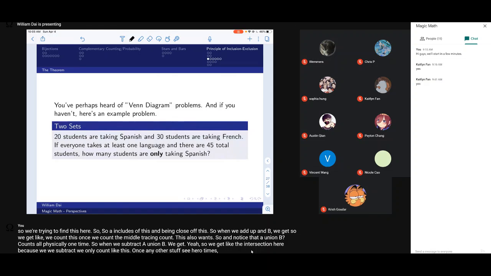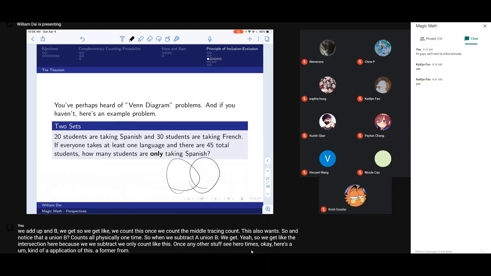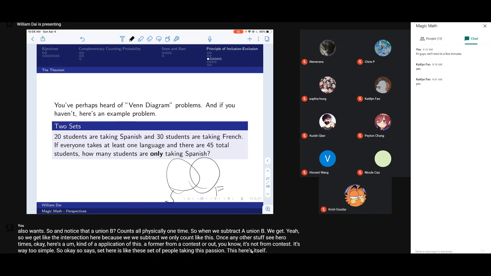Okay, and here's an application of this formula. It's not from a contest, it's way too simple. Say this set here is the set of people taking Spanish, and this set here is the set of people taking French.